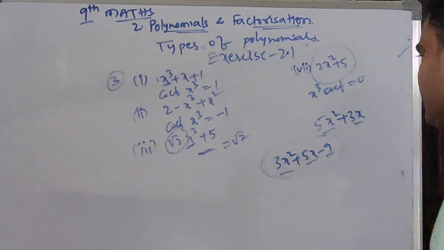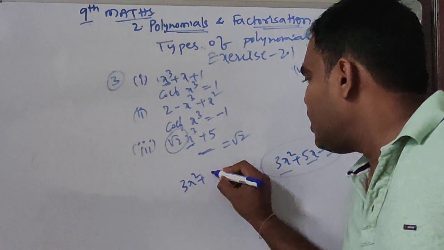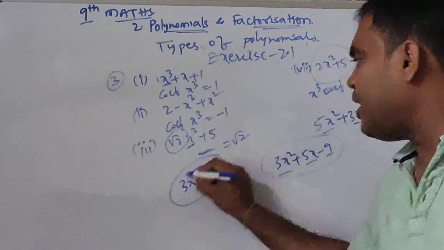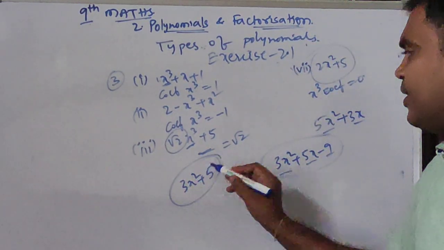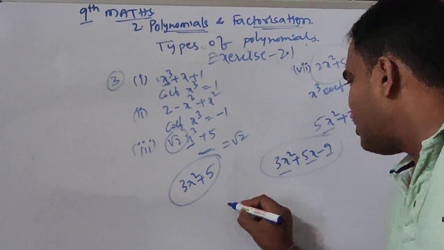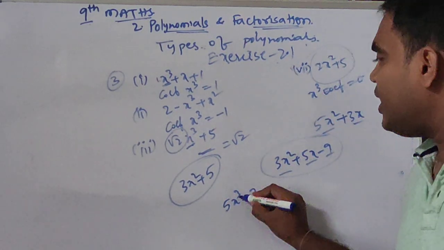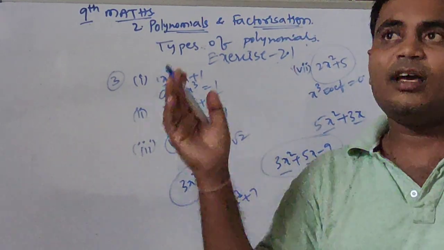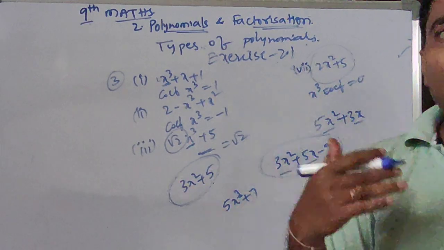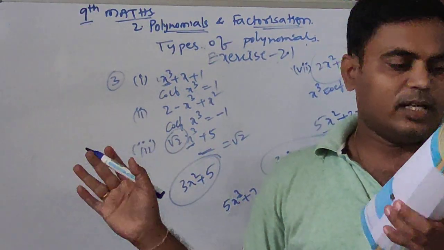Here 3x square plus 5 is a binomial, but it doesn't contain degree 3. The degree of this one is 2. 5x cube plus 7 is a binomial with degree 3. So some binomials have degree 3 and some binomials don't. So it is also wrong.